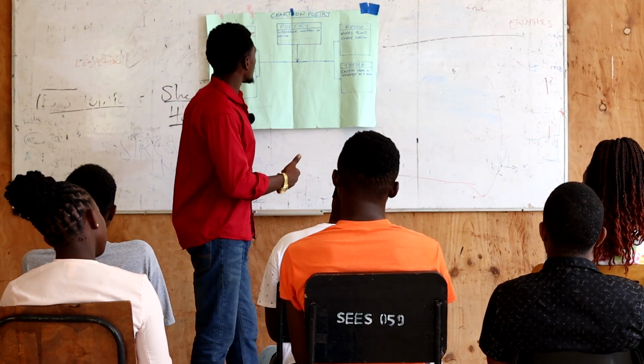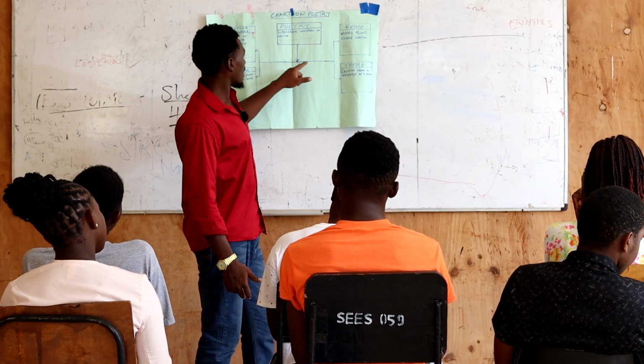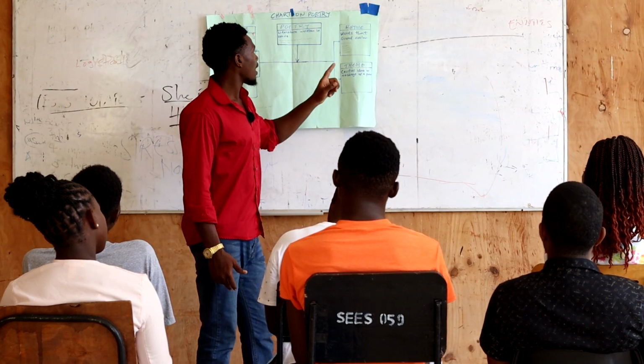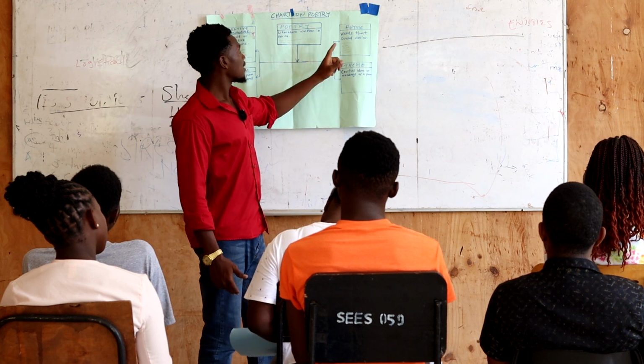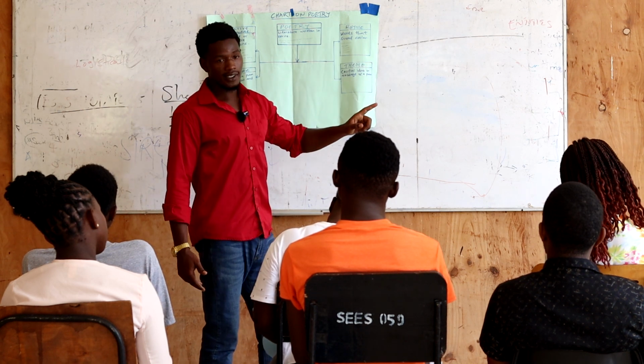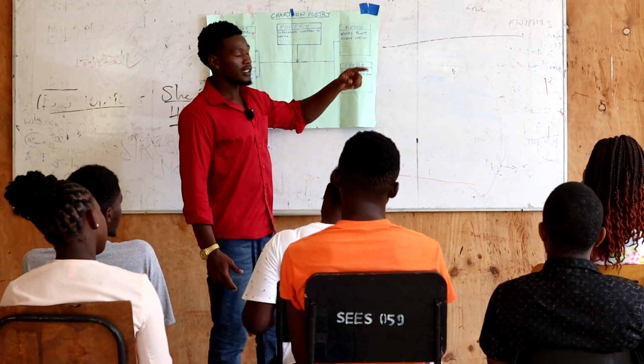So under structure, I want to go further and look at rhyme. I want to go further and look at other sound devices. And I said rhyme is one of the devices.